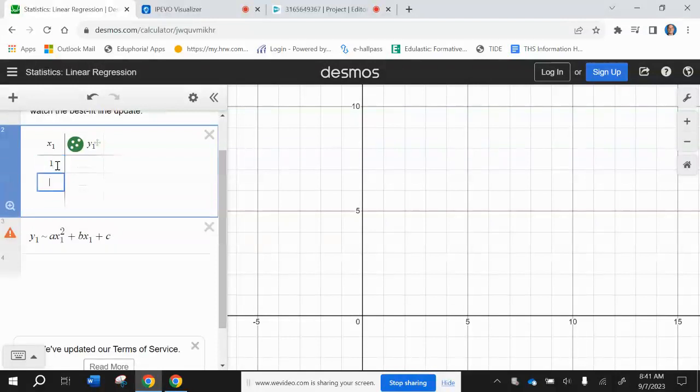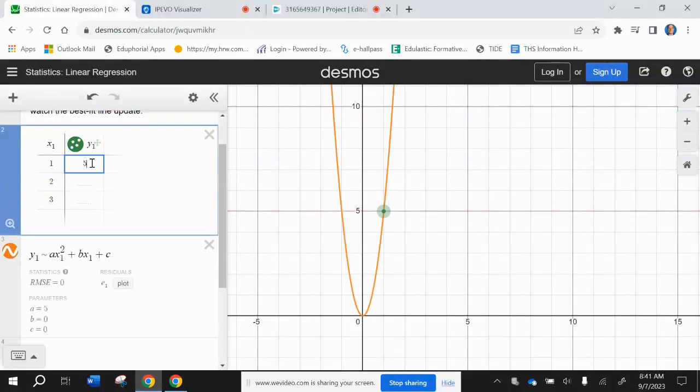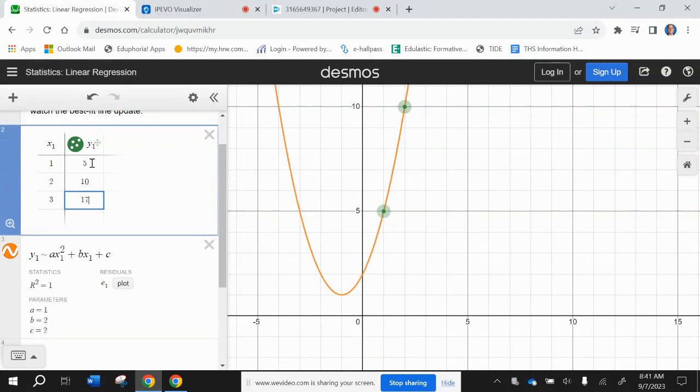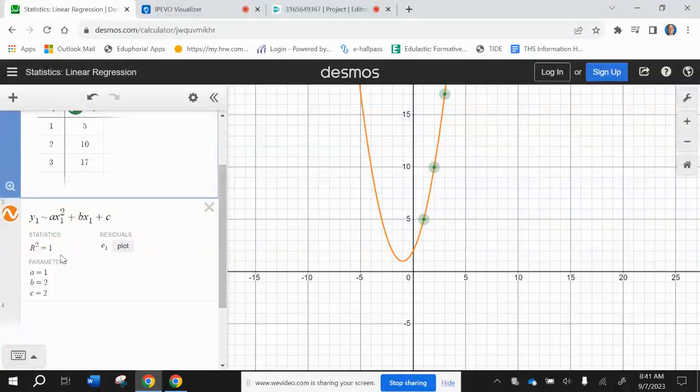So 1, 2, 3, and 5, 10, 17. Now you can see here that the graph matches the points. The r squared is 1, so it means a perfect match. So our equation is t equals 1d squared plus 2d plus 2.